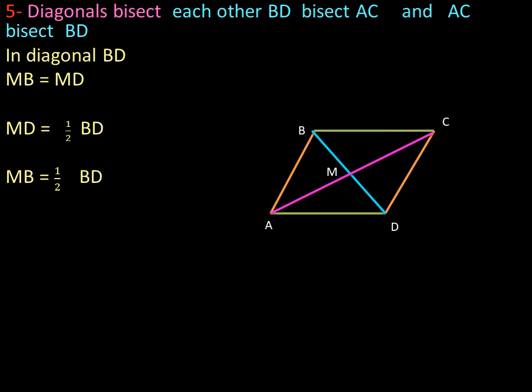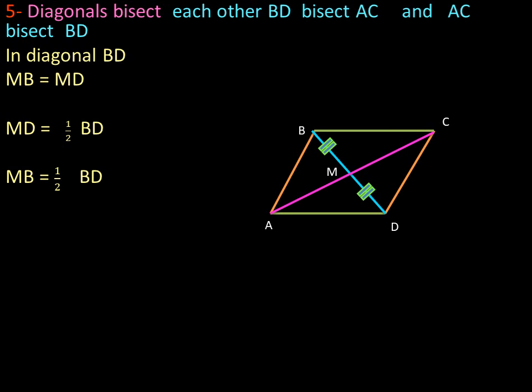So AC bisects BD, which means it will cut BD into two congruent pieces. So MB equals MD. If MB is 2 cm, then MD will be 2 cm. Also I can say that MB is half the whole diagonal BD, or MD is half the whole diagonal BD in length.